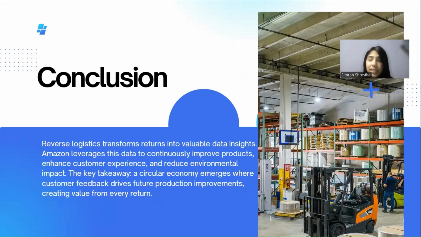Most importantly, it also creates a closed-loop system where customer experience directly influences future product design and manufacturing. This reflects the concept of circular economy where value is continuously created from returned products. So yeah, this is the end of the presentation.